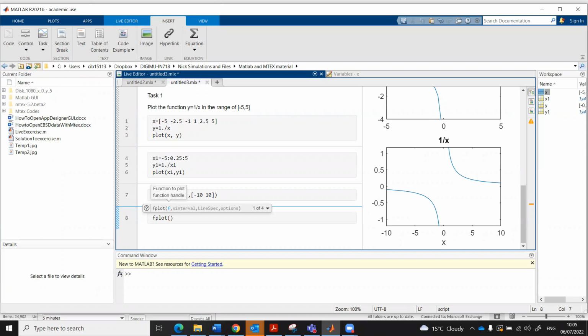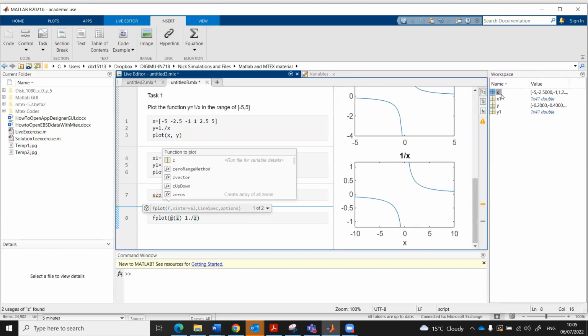So because of this, first of all, you need to specify what will be the variable. Here I am writing that in the future function, z will be the variable. And after that, I am writing 1 divided by z. So as you can see, I look here at the workspace.